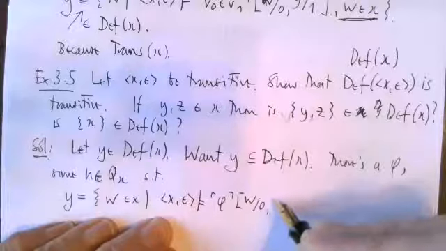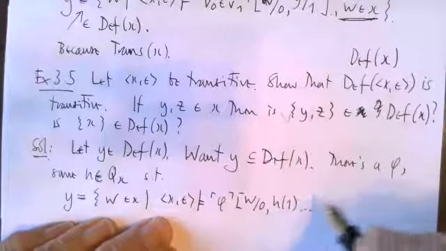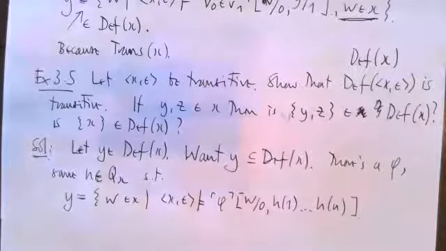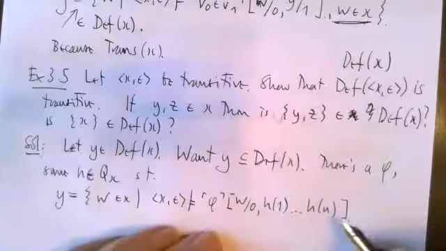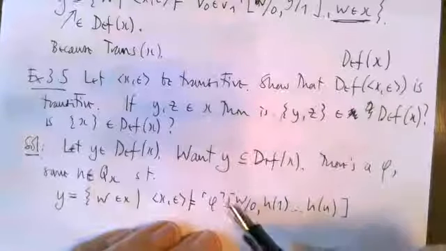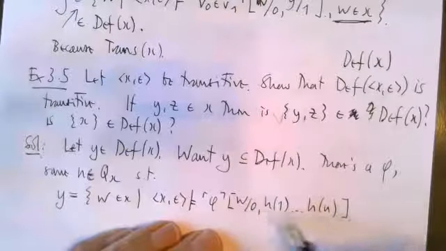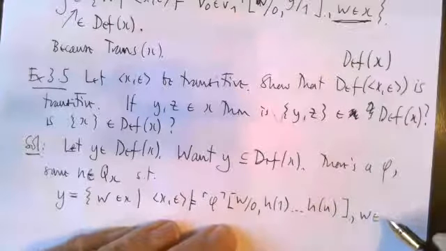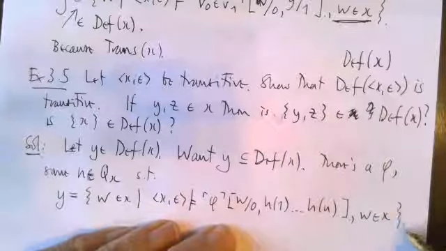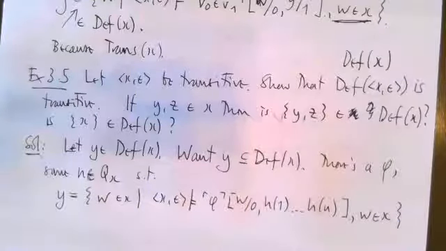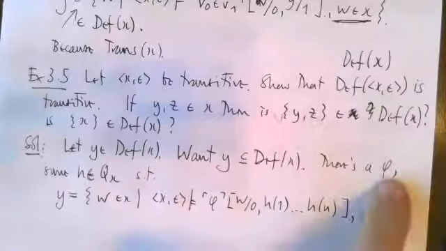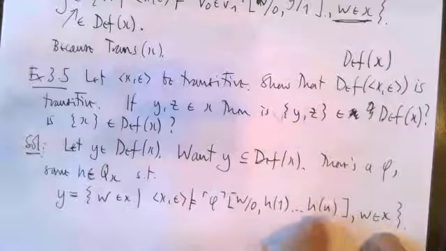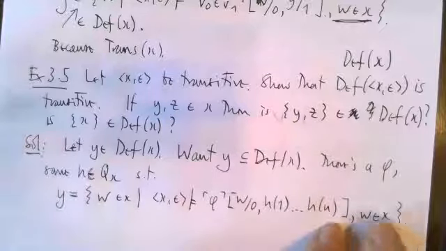W, closed for V0 and then H1 up to Hn. And I'm letting the notation tell me it's implicit that the free variables of phi are within here, for W in X. So a fixed formula phi, a fixed valuation to tell me what to assign to the free variables.